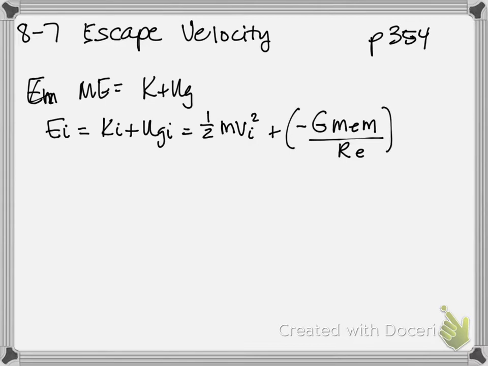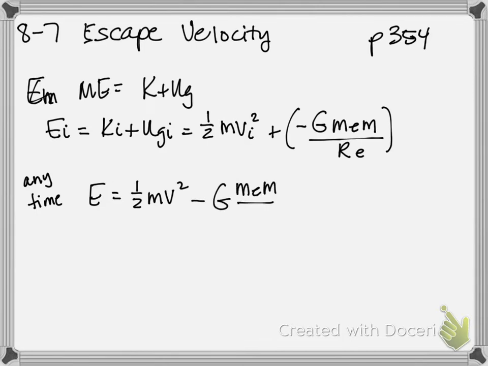Now, at any time, the energy is equal to 1/2 m v squared, whatever that velocity is at that time, minus big G, mass of the Earth, times mass of the object, divided by r.